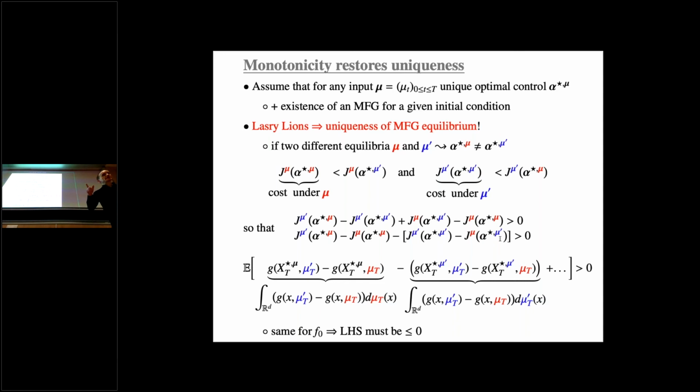Maybe I didn't say very clearly that in this assumption, B, the drift, does not depend on mu. So when I have mu prime and mu, and I play the same strategy, I have the same path because the drift doesn't depend on the state of the population. This was on the slide, but I forgot to say that.